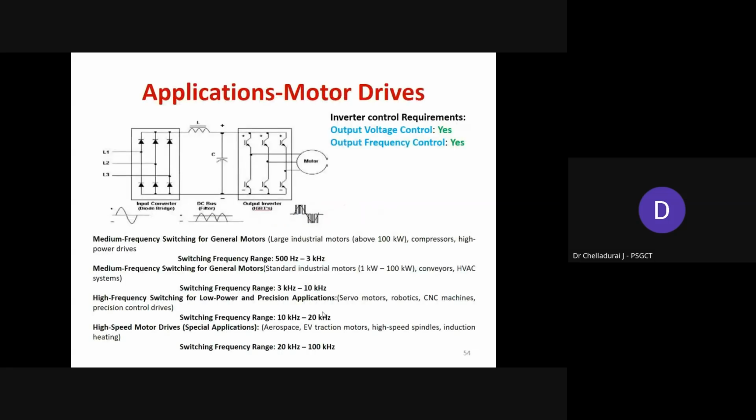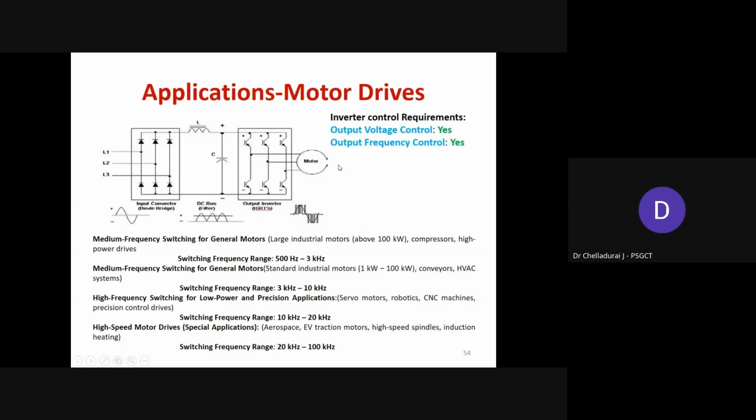Then inverter applications. An inverter can be used for standalone applications or grid connected configurations. In standalone applications, for example in motor drives, AC is converted into DC, then using a DC link inductor and capacitor we can get smooth DC.